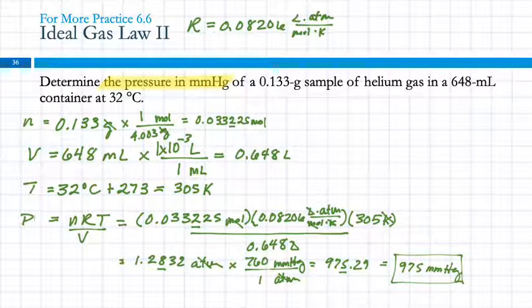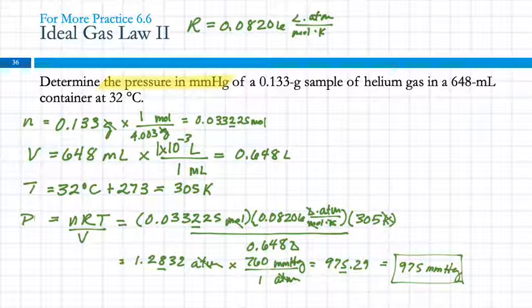I got 975. Interesting. So the answer that the book gives is 976, and I got 975. Is that something I need to be disturbed about?